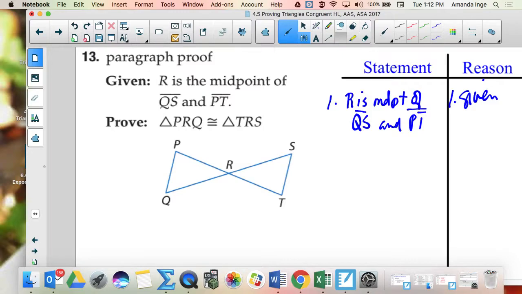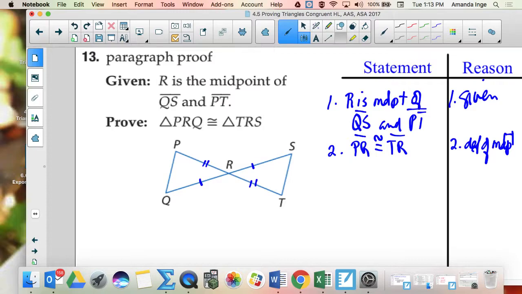So if R is a midpoint from Q to S, then this piece is equal to that piece, and this piece is equal to that piece. So from that information, we get that PR is congruent to TR. Once again, definition of midpoint.